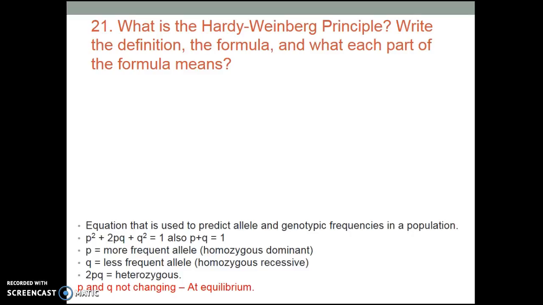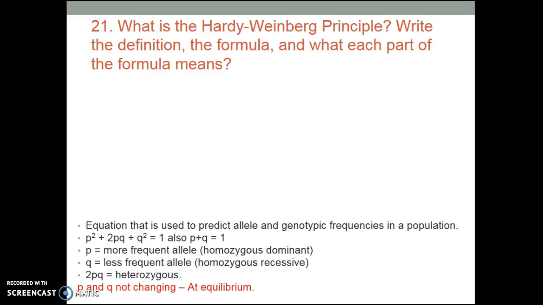What is the Hardy-Weinberg principle? Write the definition, formula, and what each part of the formula means. Well, here is the formula and the definition. It's an equation that is used to predict allele and genetic frequencies in the population. What does P mean? P is the more frequent allele, which would be the homozygous dominant.